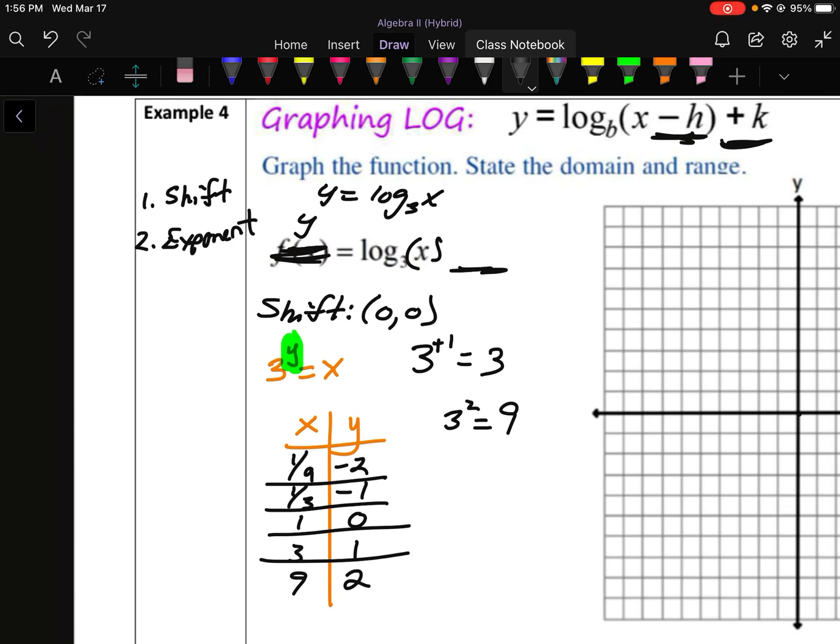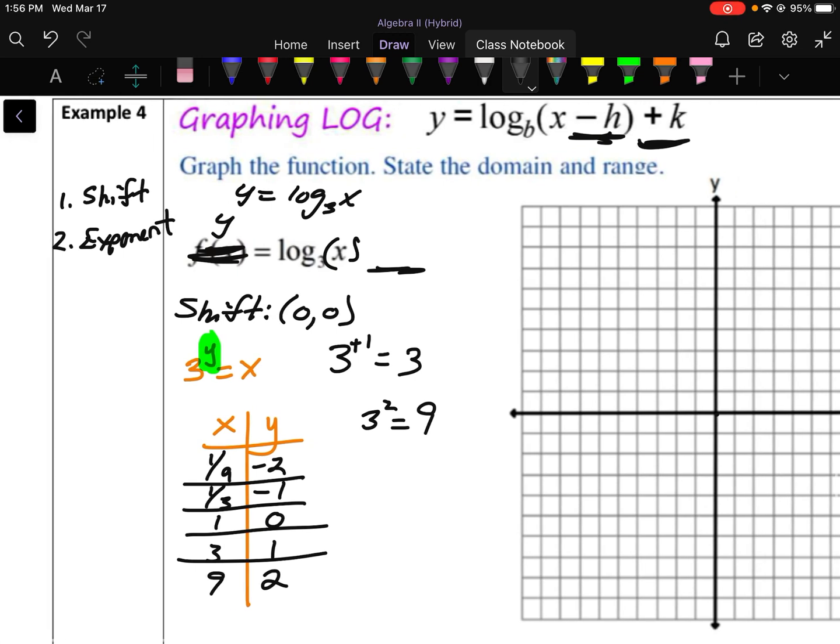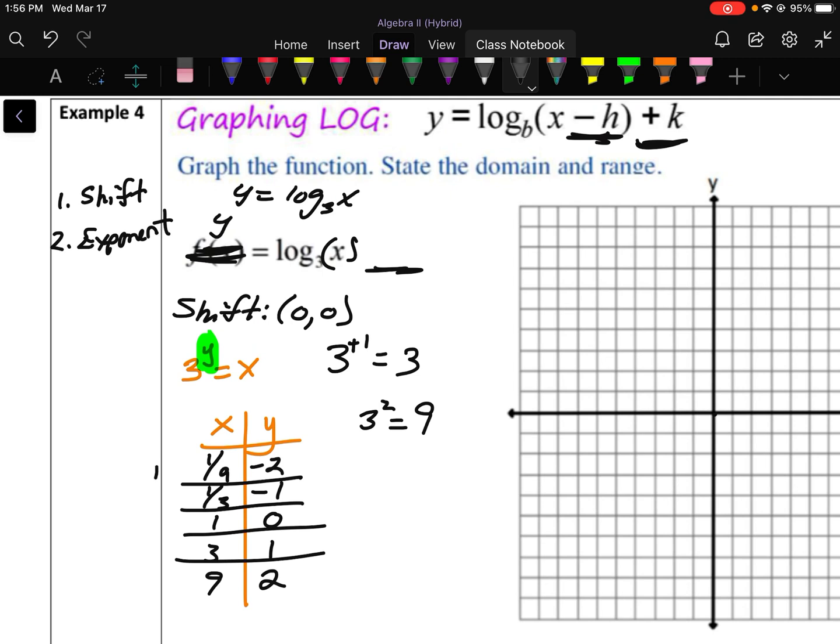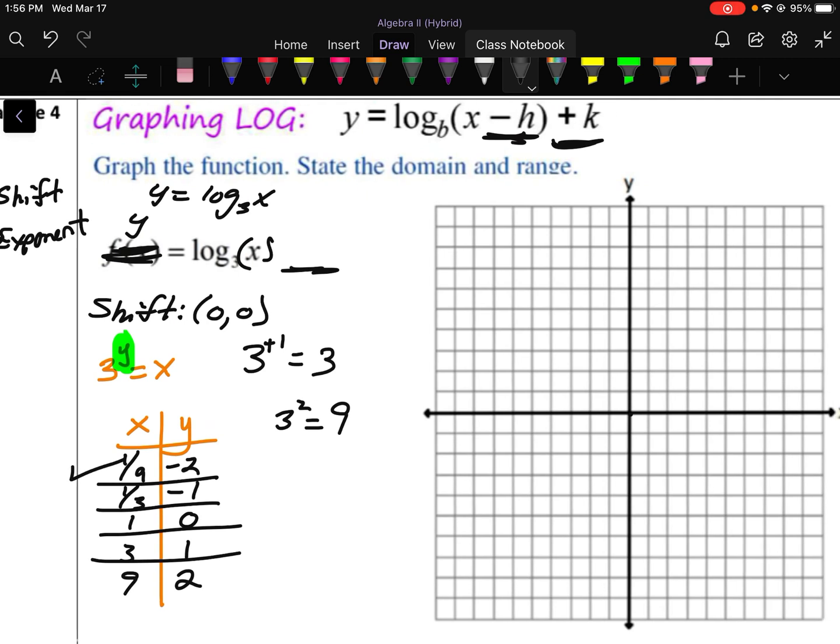So then, again, from your shift, you're plotting those points. We're going to start with our first point here. We're going to go from the origin, because that's our shift. We're going to go to the right 1/9 and down 2, so somewhere right there. We're going to go back to the origin. We're going to go to the right 1/3 and down 1, so something like that.